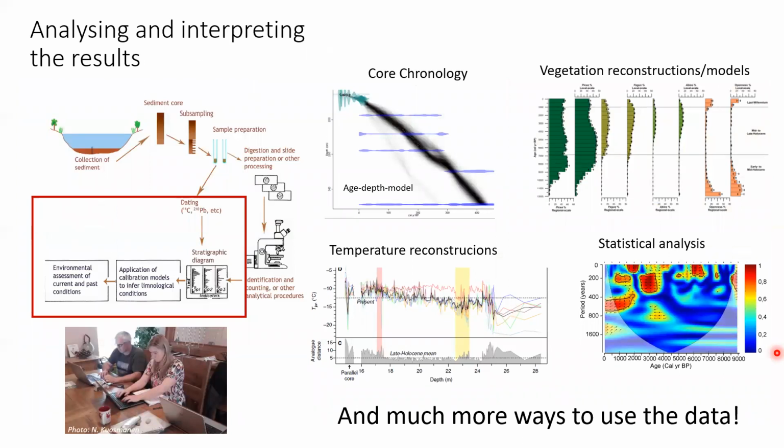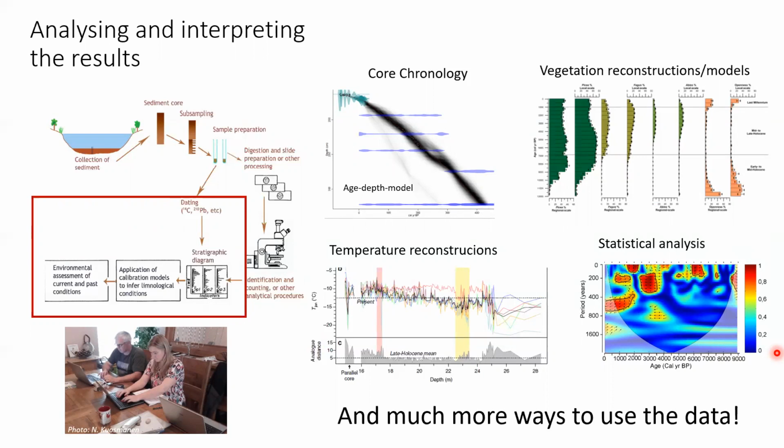Then when you have done the fieldwork and the analysis in the lab, what is left is interpreting and analyzing the results. So with the paleo data, you can do many different types of reconstructions. First of all, you need a core chronology so that you can put your data at the right place in time.